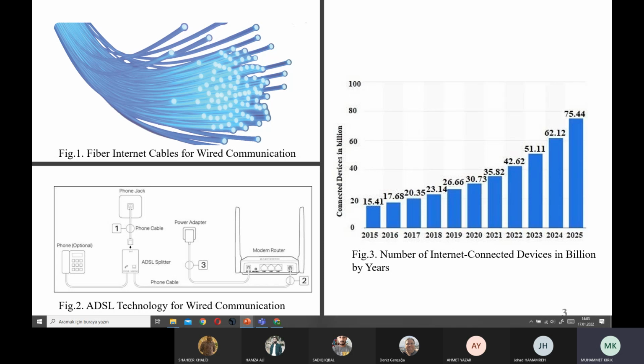And when we consider that this number was around 15 billion at the beginning of the last decade, it would not be logical to not see the reality that these IoT devices are becoming a huge part of our lives, and they will have a transformational effect on our lives in the future as well.